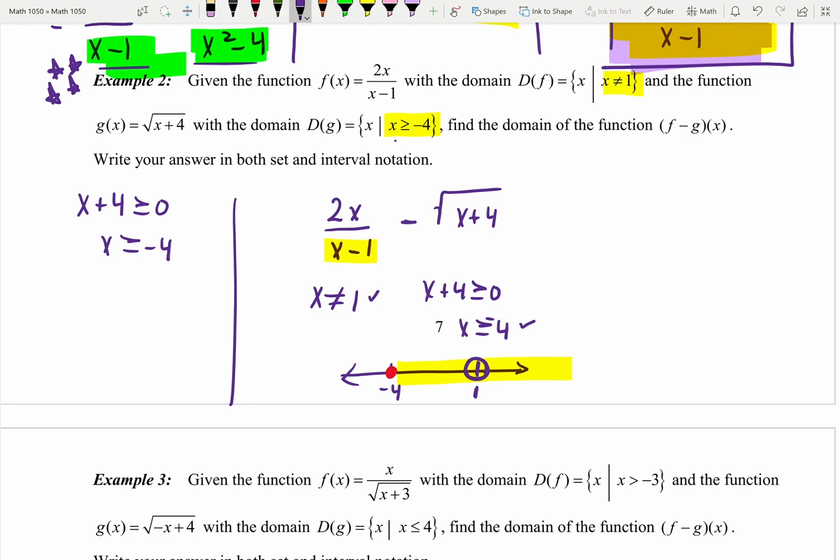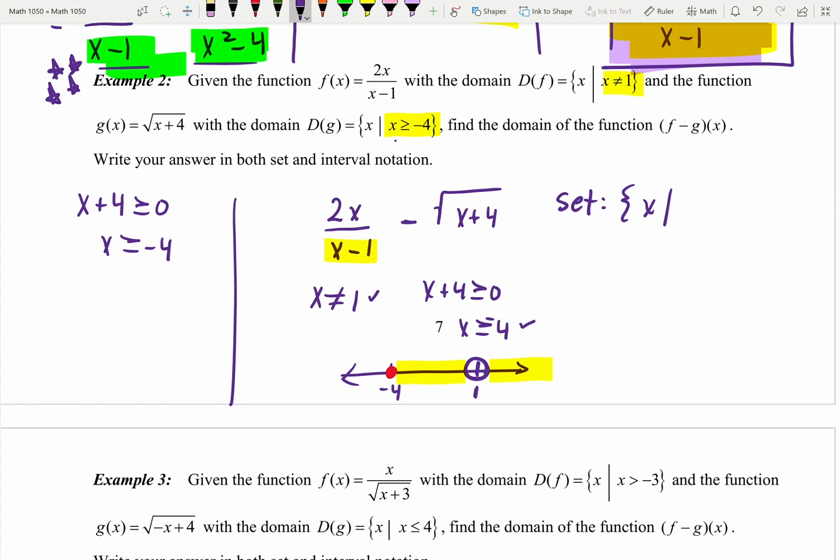I need to erase the highlighting underneath that 1 because it is not really part of it. So here's what your answer would look like graphically. They want it in set and in interval notation. In set notation, it's going to be x such that, okay?